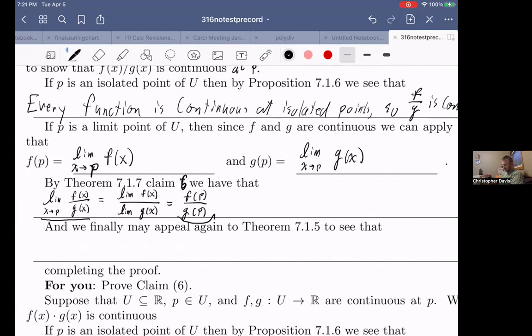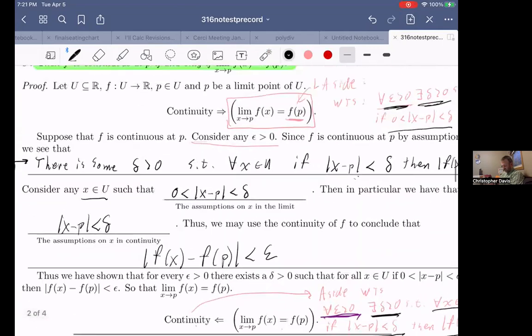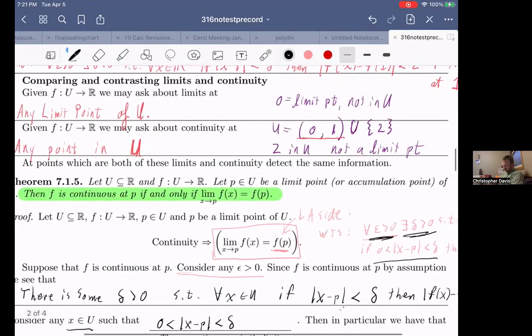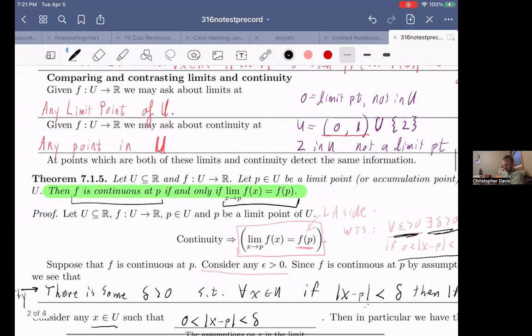By theorem 7.1.5, to remind you what that is again: if a function has the property that when you take the limit as x approaches p, you get the same thing as f of p, then that function is continuous at p.